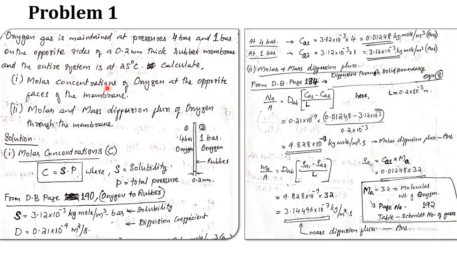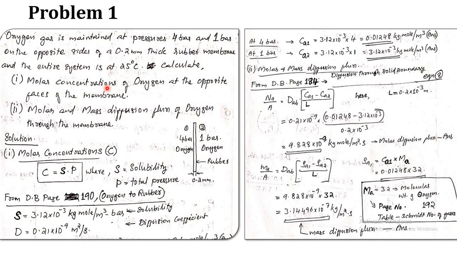In this problem, the solubility of oxygen in rubber is not given, so you can find it from the data book, page number 190. You have a table on page number 190, binary diffusion coefficient at 1 atmosphere. Find solubility in the last column. Here oxygen is diffusing into the rubber, right?